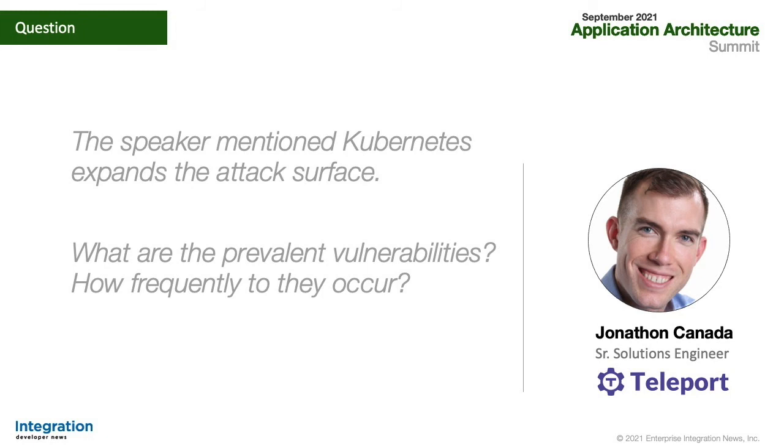A big one that I see is people just sharing kube configs. So they'll create their Kubernetes cluster, generate a kube config that allows somebody to be part of the system masters group, and then just give that same kube config to everyone. So that kube config is now out in the wild. There's no expiration on it, and it has the keys to the kingdom for the Kubernetes clusters.